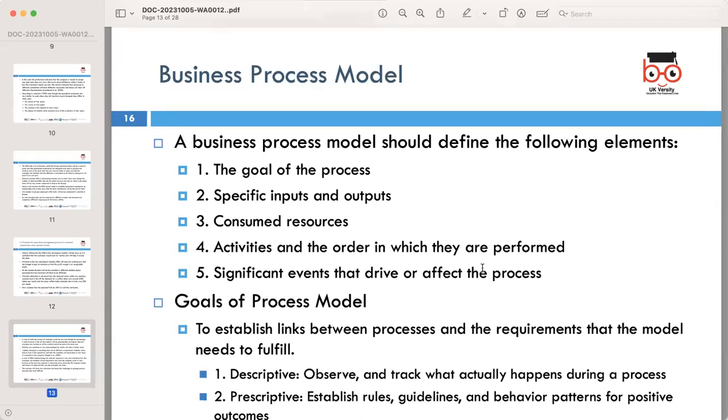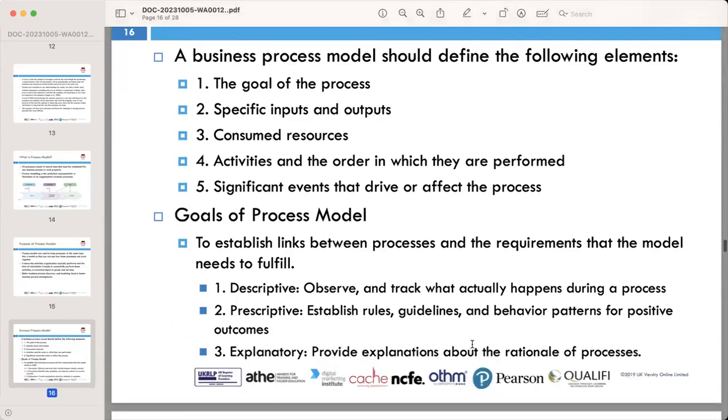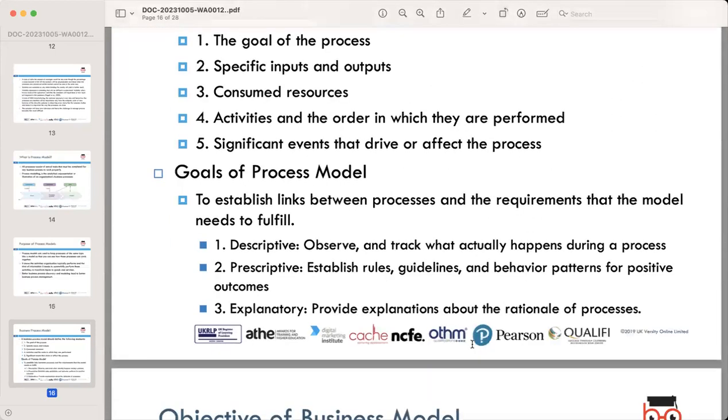The goal of process models is to establish a link between the process and the requirements that the model needs to fulfill. Descriptive models observe and track what actually happens during a process. Prescriptive models establish rules, guidelines, and behavior patterns for positive outcomes.